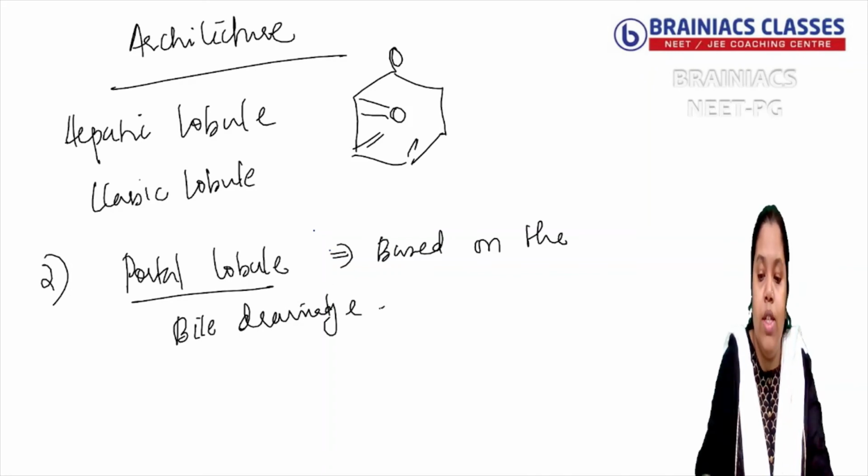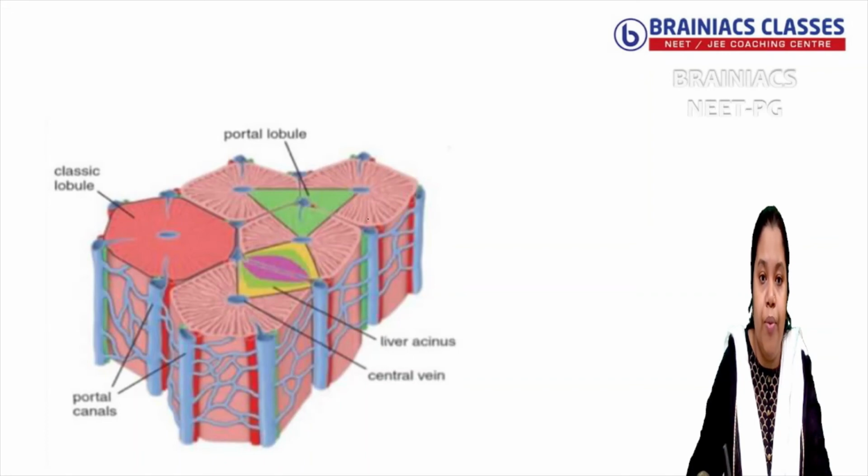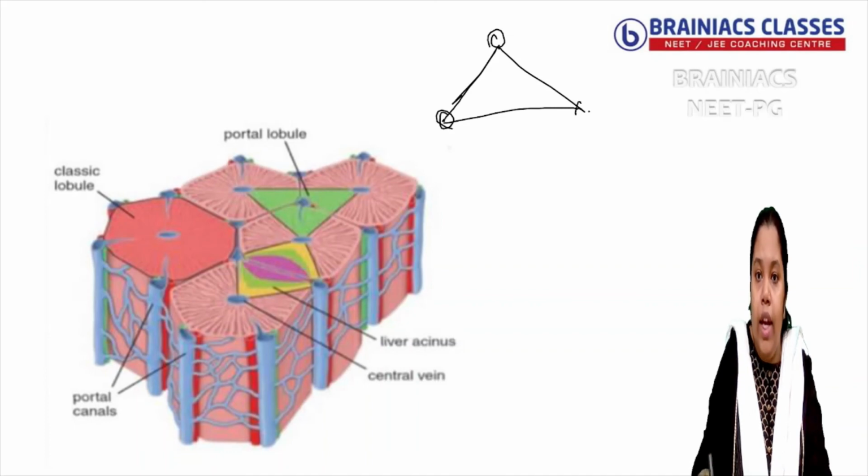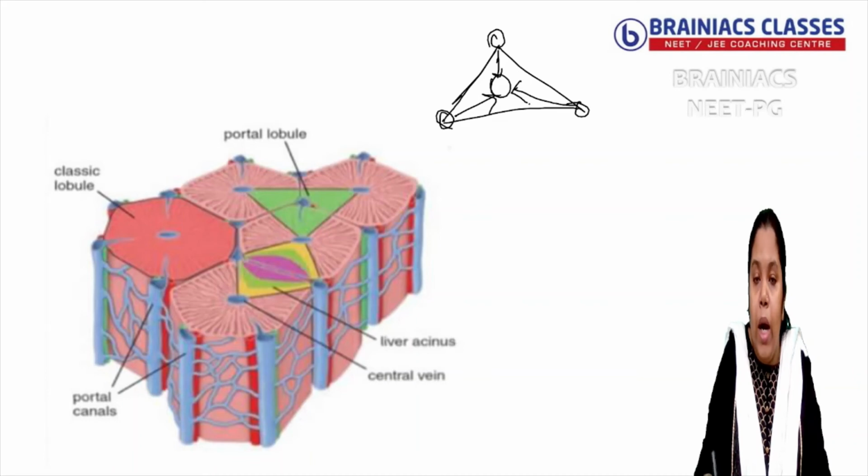So how is it defined? Can you see here? It is triangular in shape, and at the corners you have the central vein, and at the center you have the portal triad. The bile drainage will be in this direction. So this is the portal lobule.